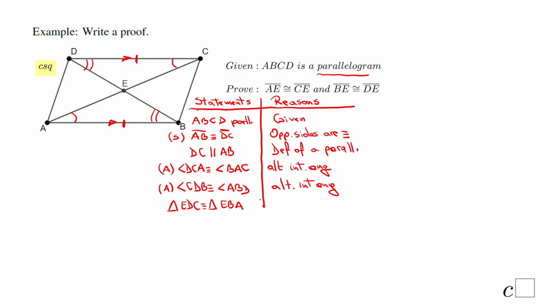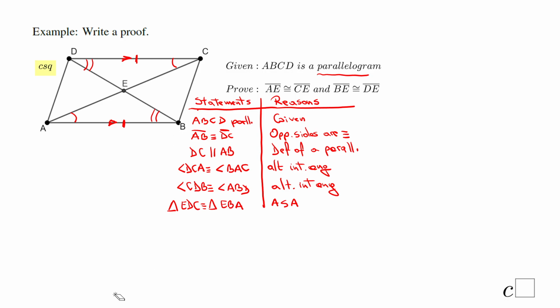And the reasoning is what you see here, angle, side, angle. Now, I don't really need to write this here, but I just wrote them to be sure I have all these three corresponding congruent parts.